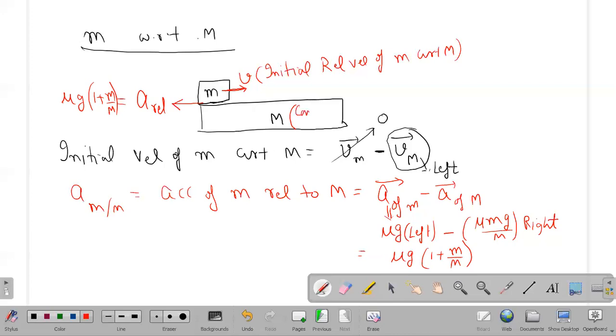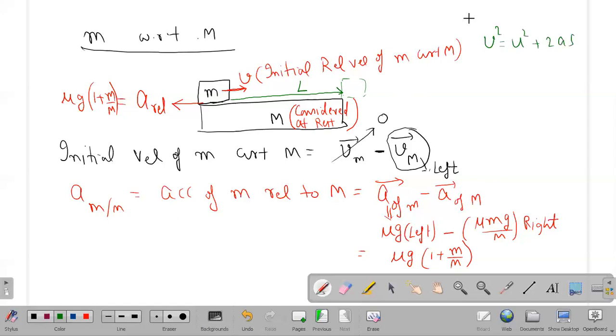Now we are considering motion with respect to capital M, so capital M will be considered at rest. And if capital M is considered at rest, then the block has to travel a minimum distance equal to L before it will fall down with respect to capital M. So I can use the third equation of kinematics, which says that v square equals u square plus 2as.